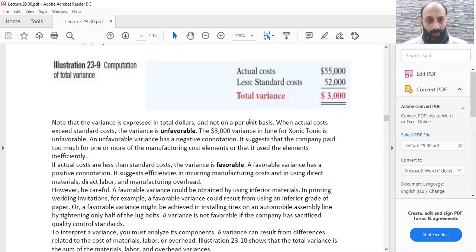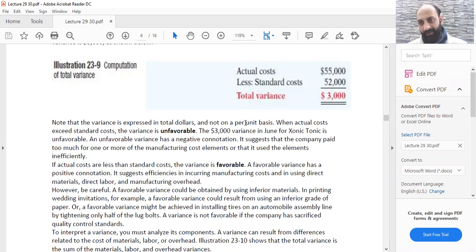In lecture number 29, we discussed the concept of standard cost. And at the end of the lecture, we discussed the difference between the standard cost and the cost that was actually incurred. And we call that difference variance. Now, we also discussed that the difference can be of two types.